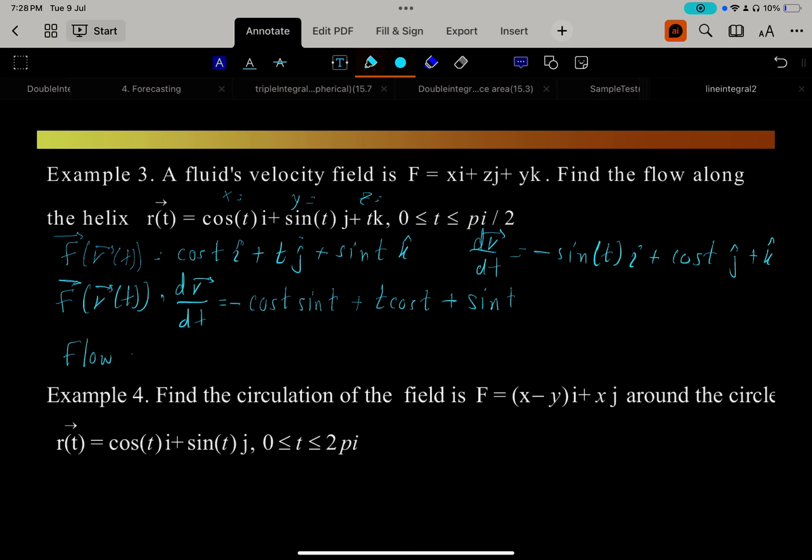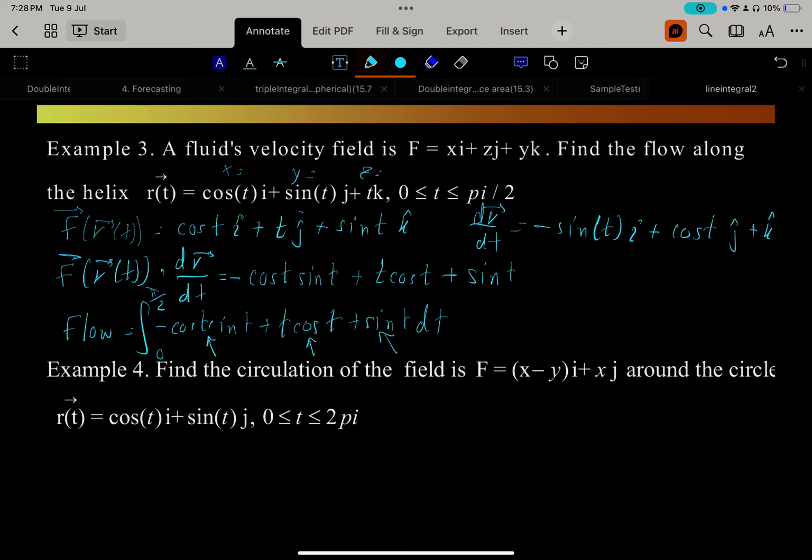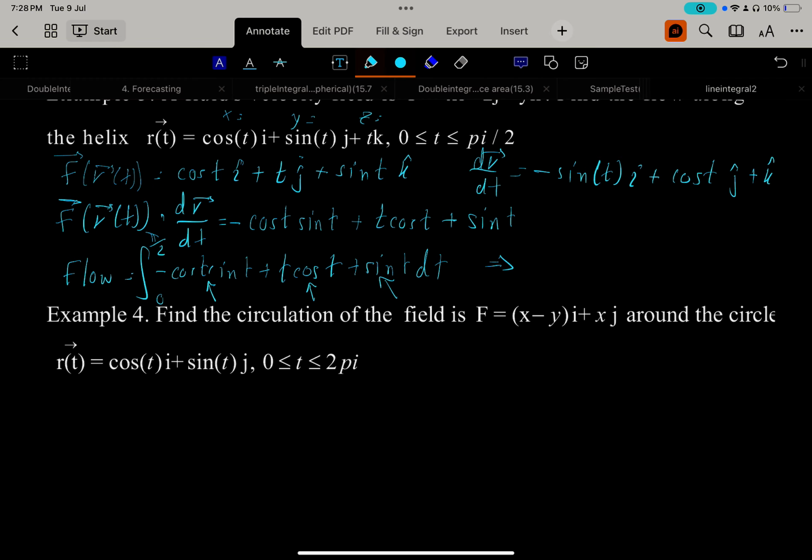Now the flow is from 0 to pi over 2 the integral of cosine of t sine of t plus t cosine of t plus sine of t dt. This is simple integration, this is integration by parts, and this is simple substitution. We can find the flow easily.